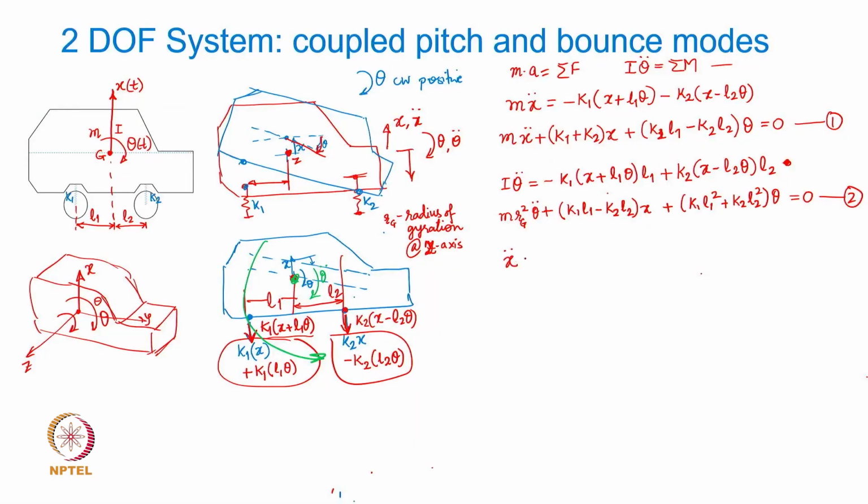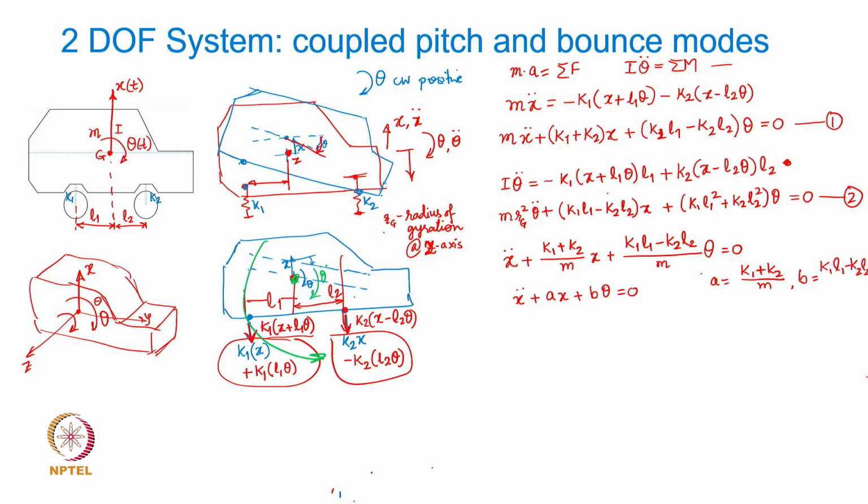So now I rearrange equation 1 here, and then I have x double dot plus (k1 plus k2) upon m x plus (k1 L1 minus k2 L2) upon m theta equal to 0, which in a simple way I might write as a x plus b theta equal to 0, where a is (k1 plus k2) over m and b is (k1 L1 minus k2 L2) upon m.